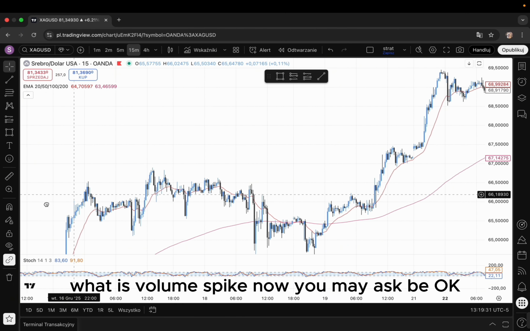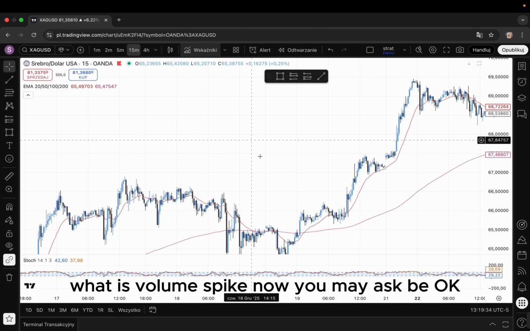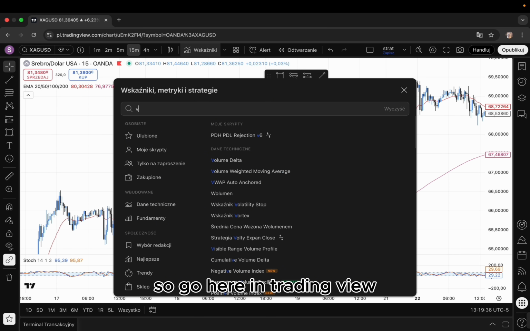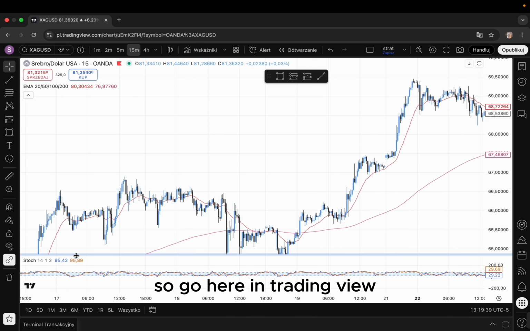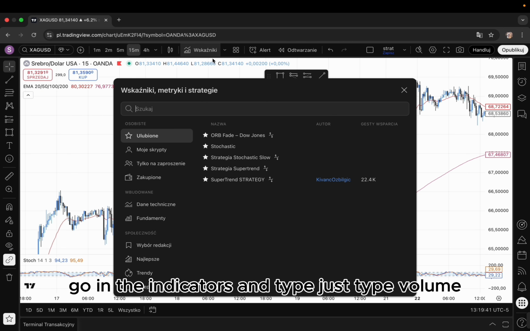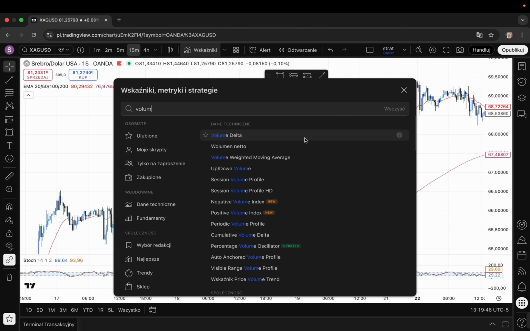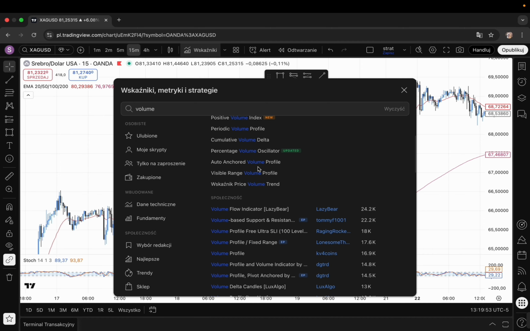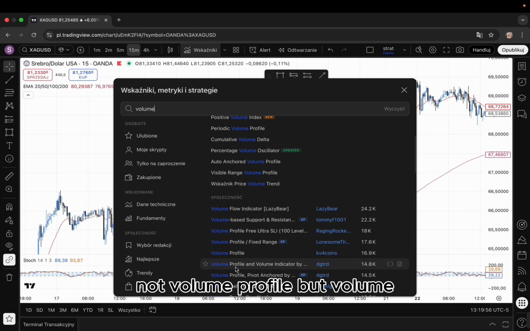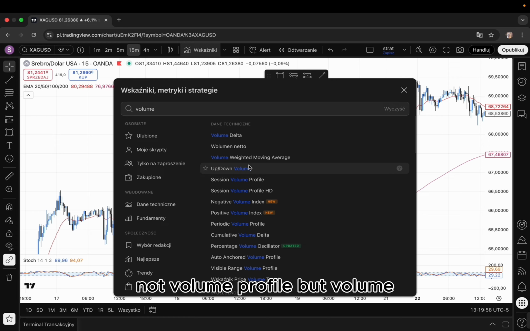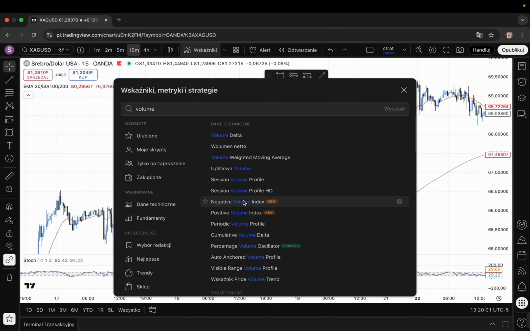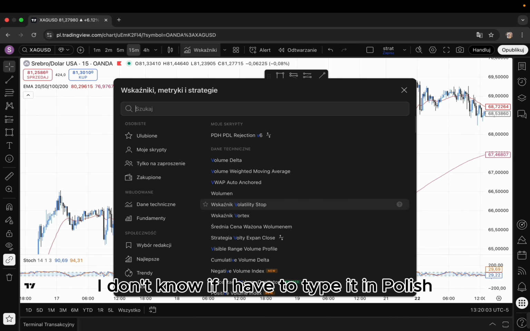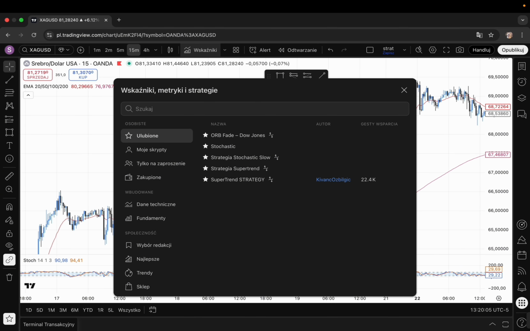So yeah, what is a volume spike, you may ask? Go here in TradingView, go to the indicators and just type volume. You should have not volume profile, but volume.